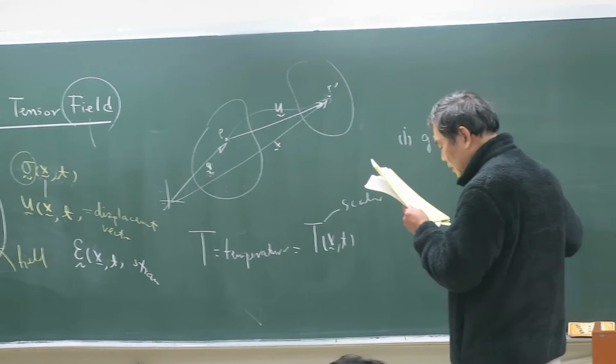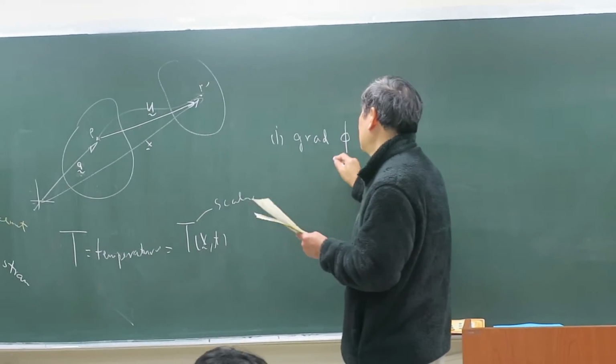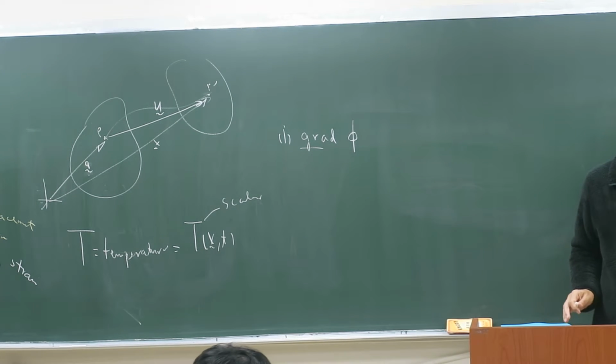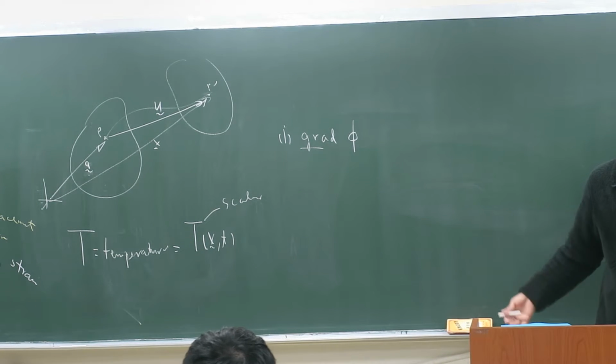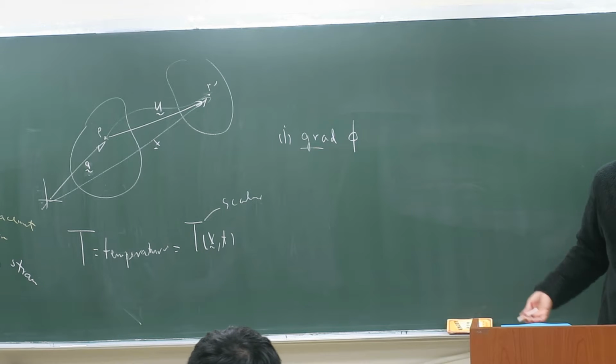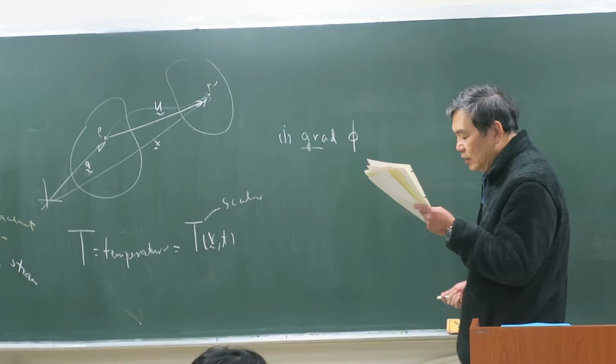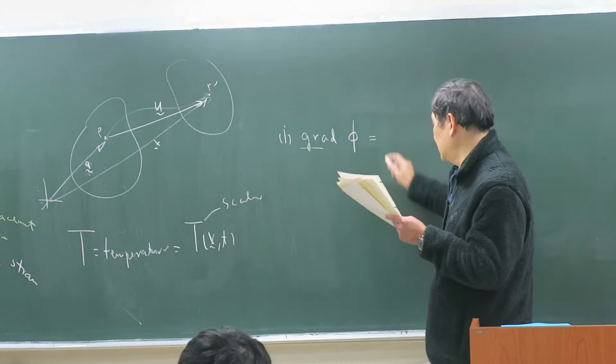Gradient phi. Gradient means what? Derivative, changing with respect to what? Position, right? So gradient is a vector.